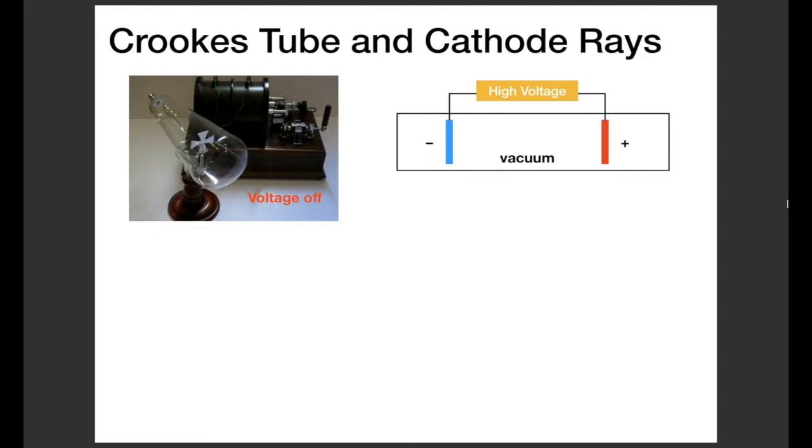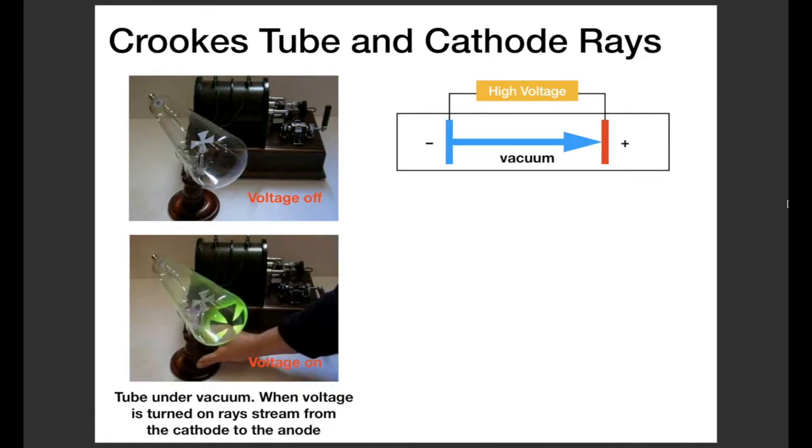When you turn the voltage source on, so-called cathode rays stream from the negatively charged plate to the positively charged plate. The picture on the bottom shows cathode rays streaming from the negatively charged plate to the positively charged plate, which is a Maltese cross. The green that you see is from the cathode rays hitting the glass, causing some chemical on that glass to phosphoresce.